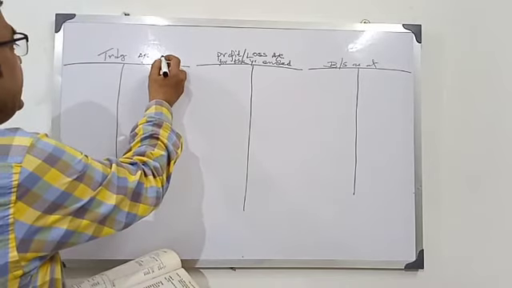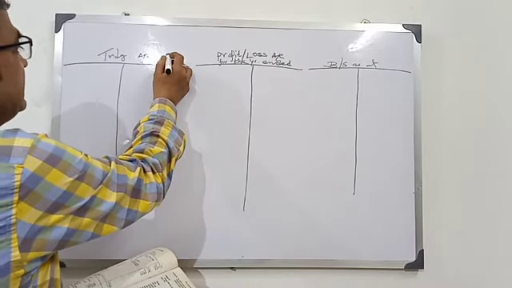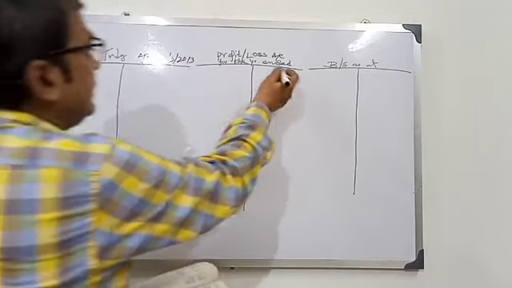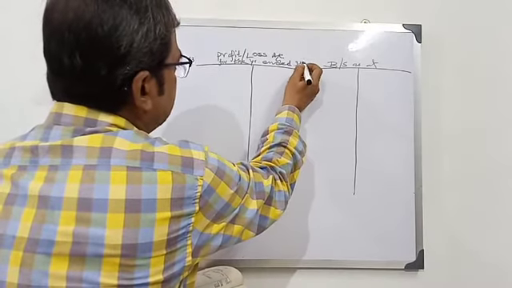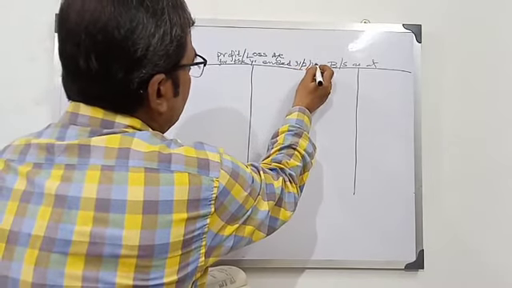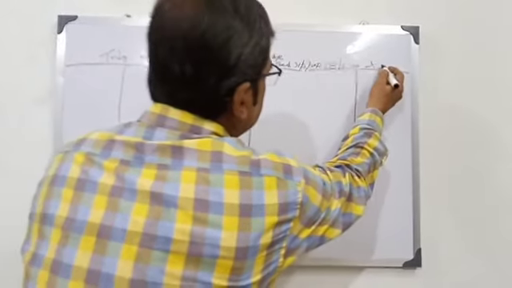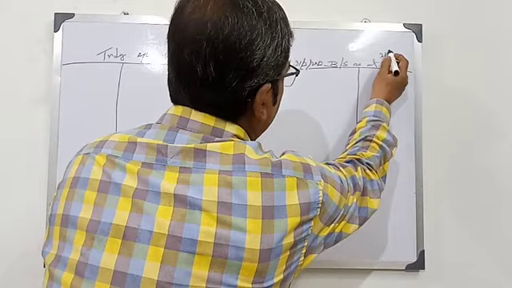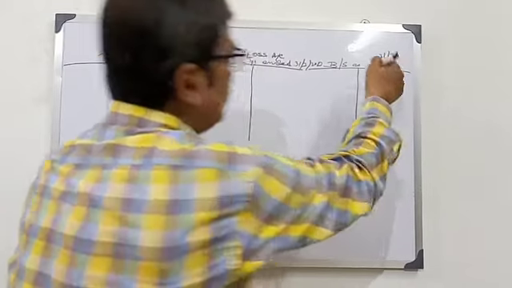So prepare the trading account and profit and loss account for the year ended 31st March 2013, and the balance sheet as at 31st March 2013.